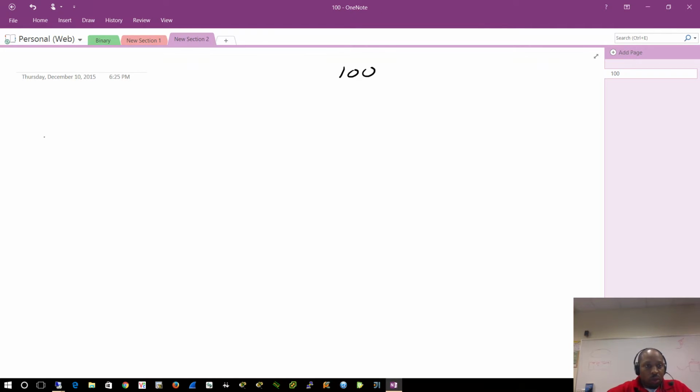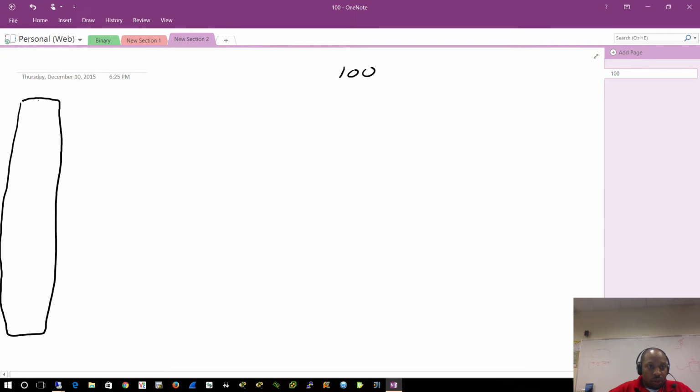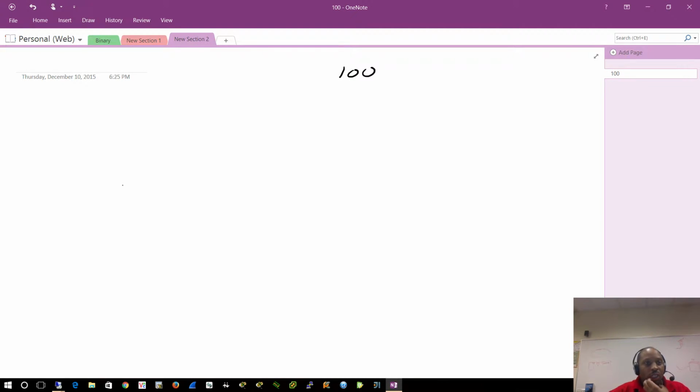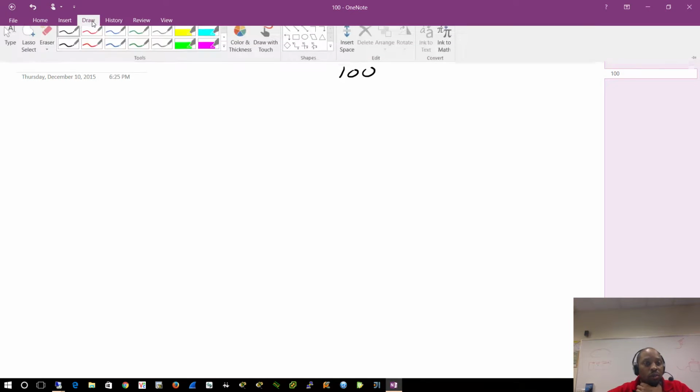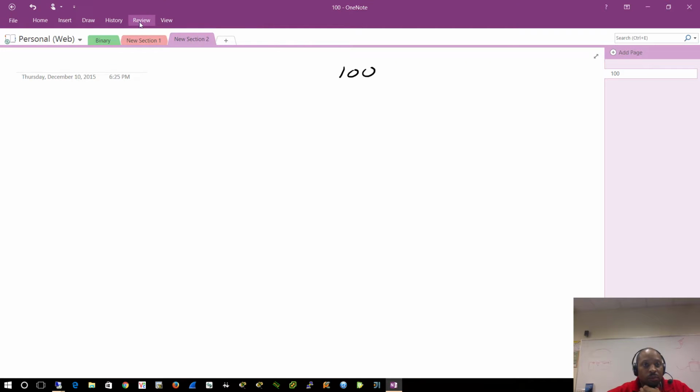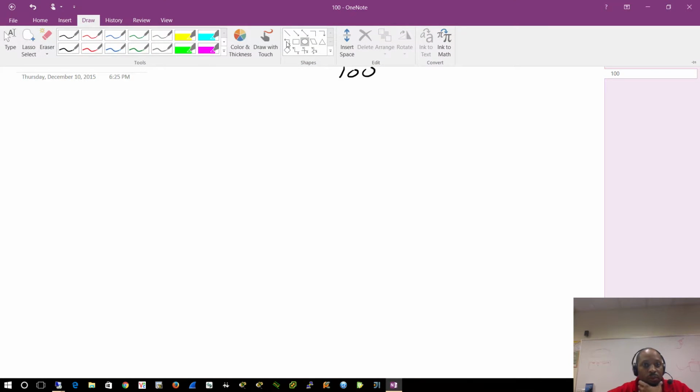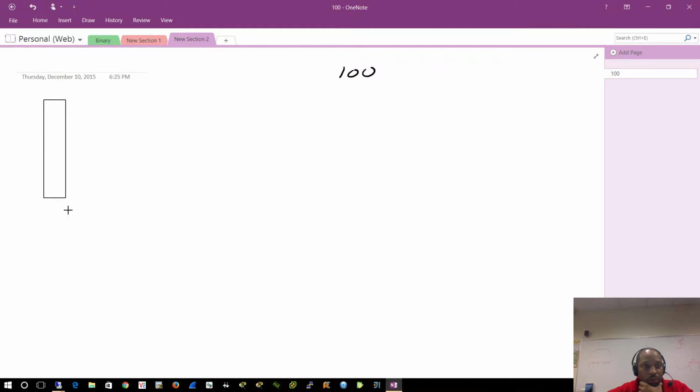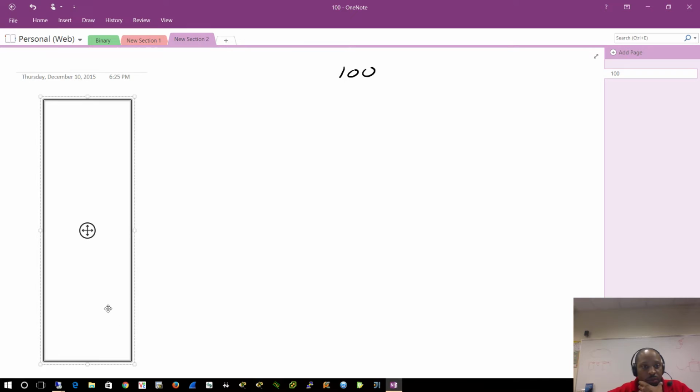Let's write it neat so that way, if anything, we can use this over and over again. Let's do a square, and we'll kind of split that square down the middle.